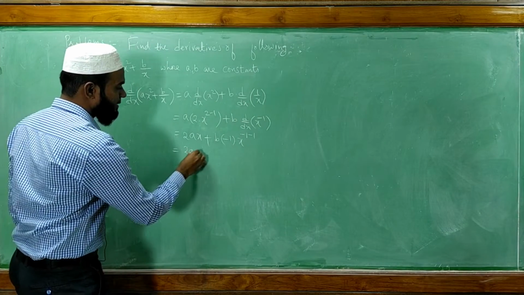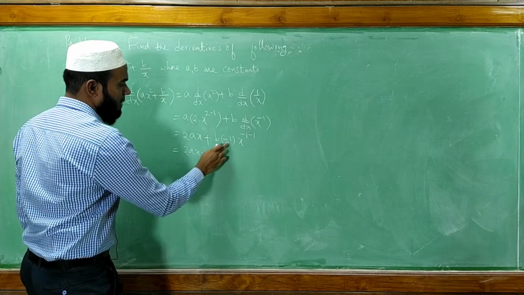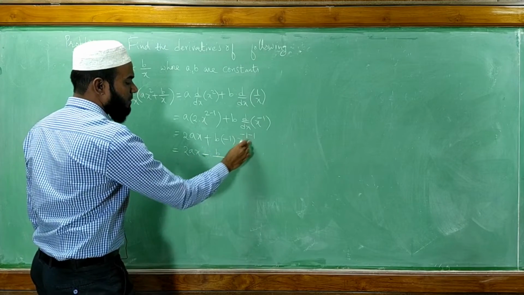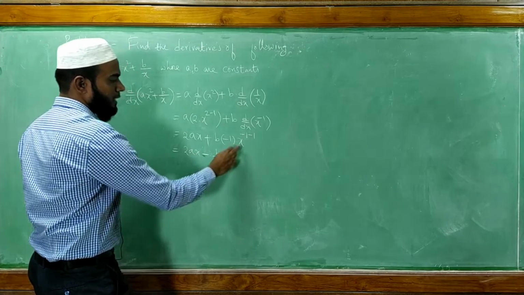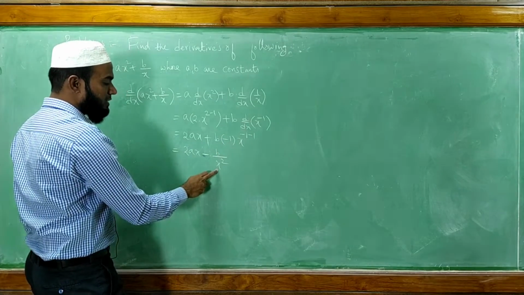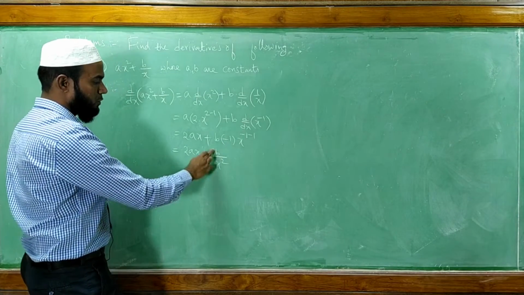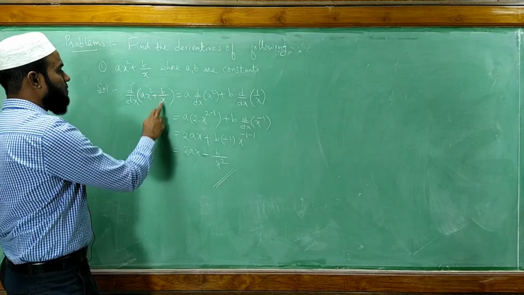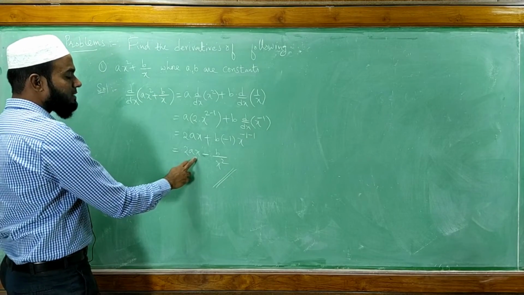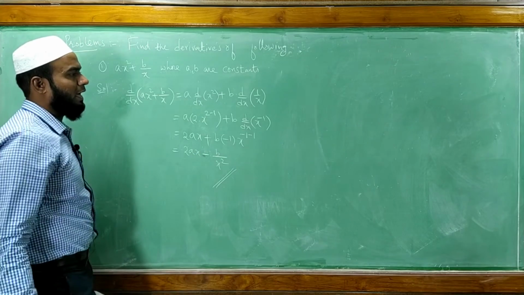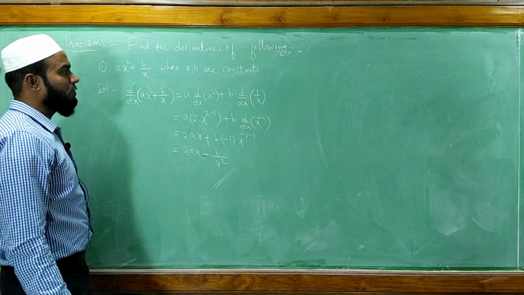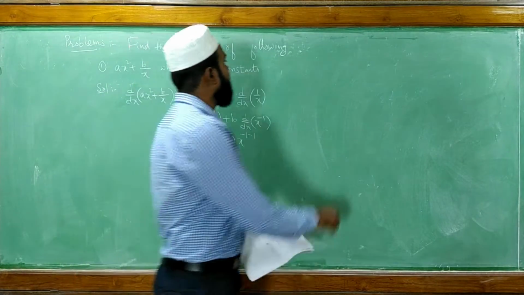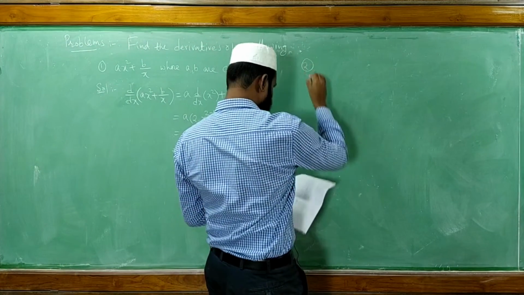So 2ax plus or minus, because minus we are getting, b by x power minus 2. Taking x power minus 2 to the denominator, it becomes x power plus 2, so b by x square. So derivative of ax square plus b by x is nothing but 2ax minus b by x square. This is how we evaluate the derivative for any given function, right? In the same way, we'll consider one more problem.